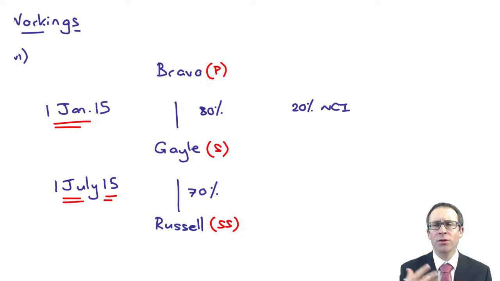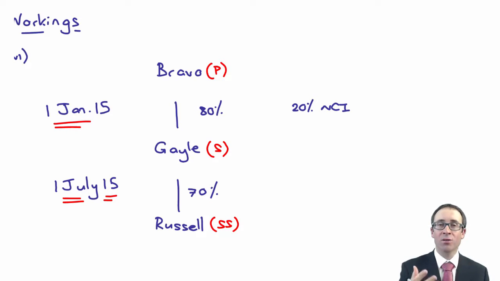Okay. However, do just be aware, if the sub becomes part of the group at a date earlier than when the parent purchased the sub. Okay, so let's just say that Gale acquired Russell on, shall we say, the 1st of July 2014. Then Russell doesn't become part of the Bravo group until Gale is actually acquired on the 1st of Jan.